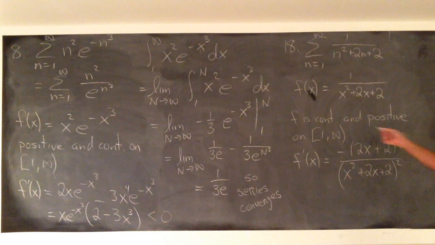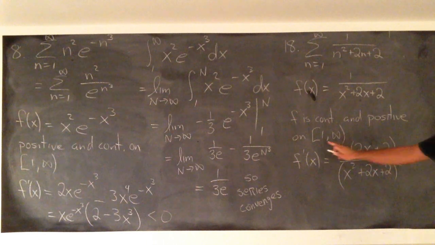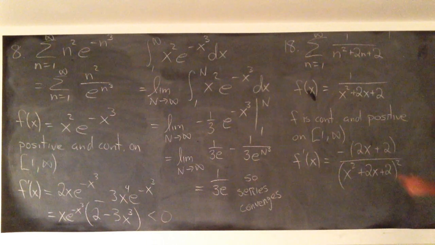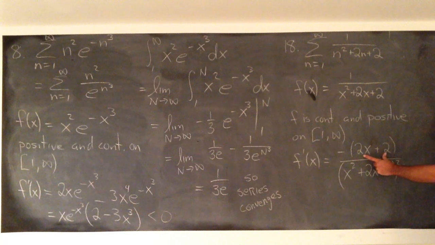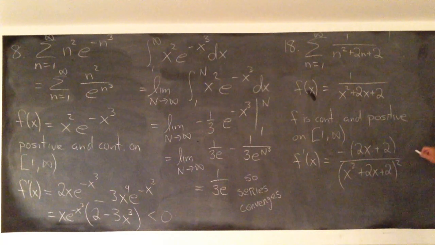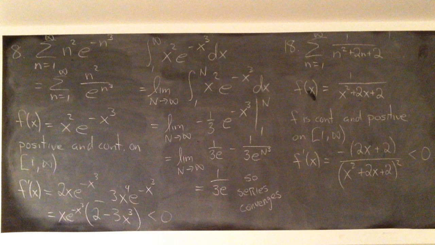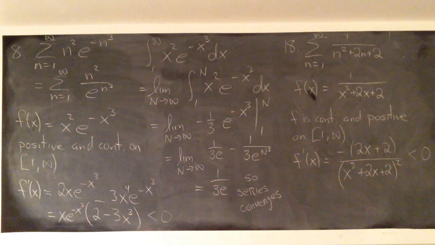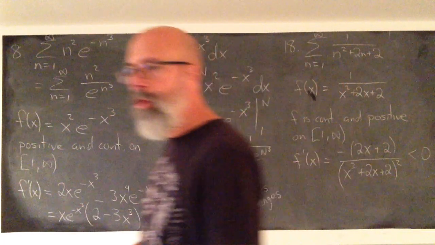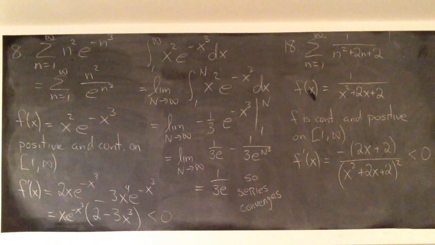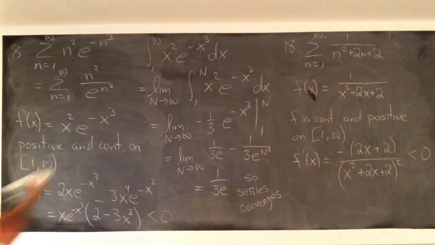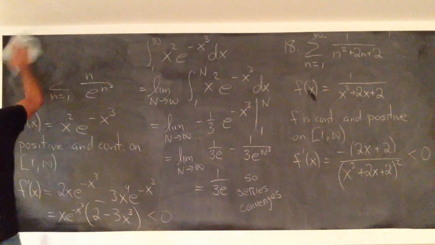Denominator being positive, and restricting attention to this interval, the part in the brackets is always positive, with the negative there, the whole thing is always less than or equal to 0. So we're in a position to use the integral test. Let's do it.